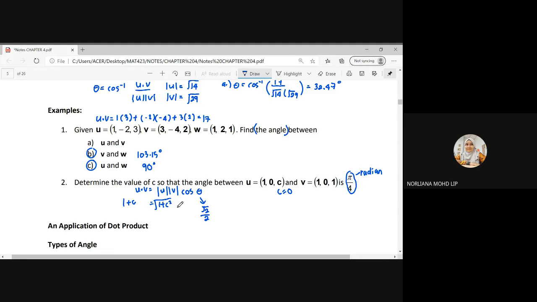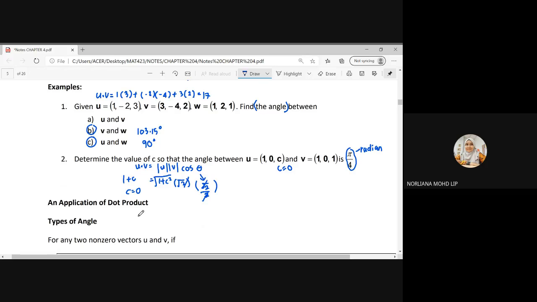Magnitude of V is square root 2. So, solve this. Okay, this one can cancel, square root 2 times square root 2 is 2. It can cancel. So we get this. Okay, to remove the bracket, you need to square this. We get C equal to 0. Okay, understood?